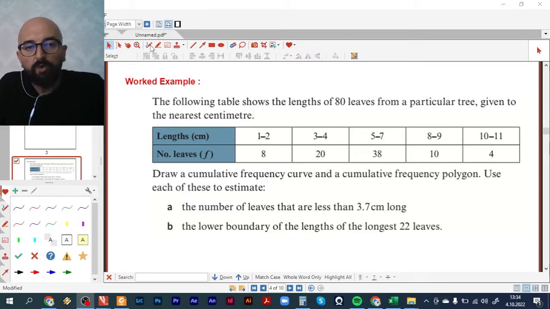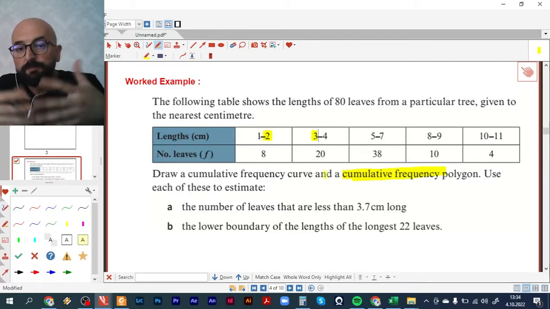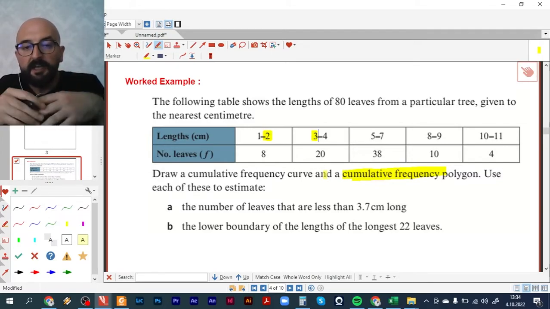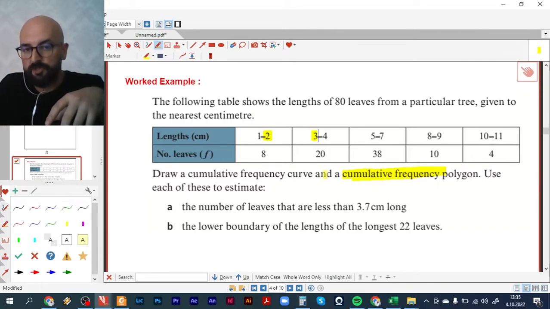But our data is discrete data. If you look at these values carefully, these values have gaps. So cumulative frequency should be continuous data, and first we will transform discrete data to continuous data.